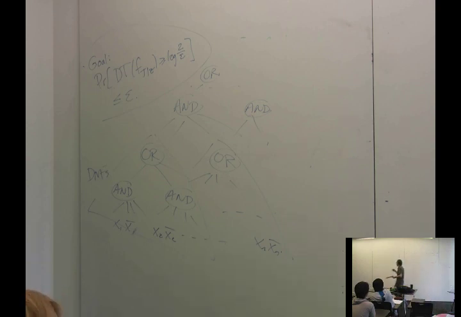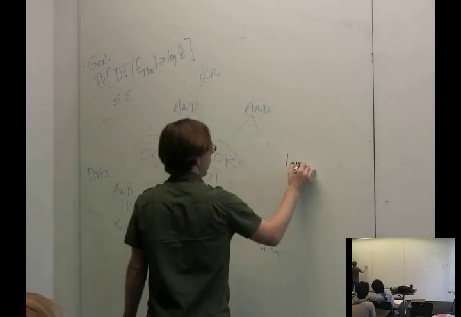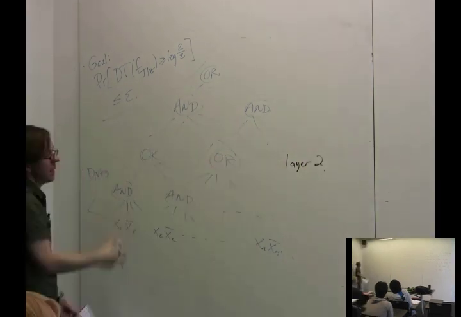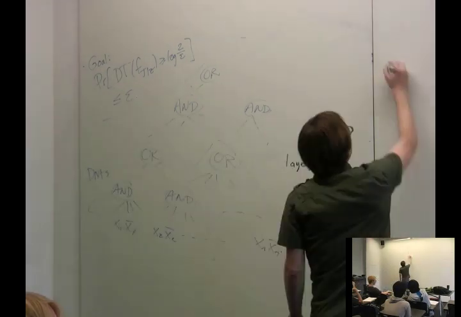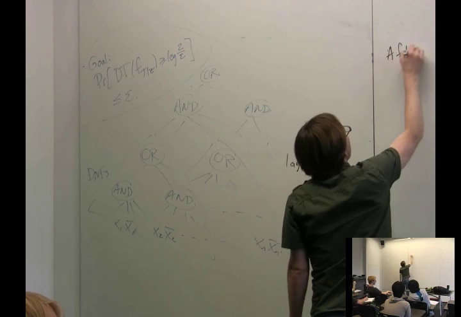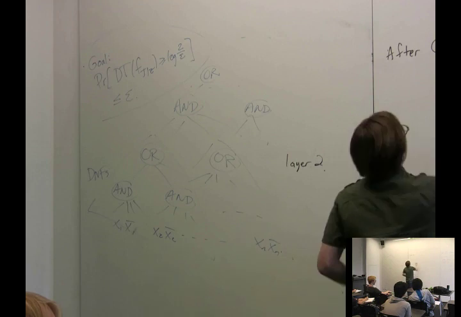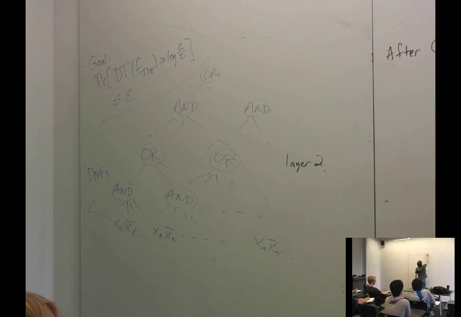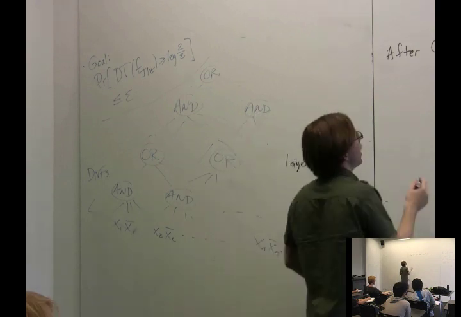OK, so as I said, if you look at layer 2 of your given circuit, each of the gates at layer 2 is computing a DNF, or maybe a CNF, but whatever. And we can just apply the switching lemma. So after the first random restriction, for each DNF at layer 2, one thing I have to decide is what my goal decision tree depth is.